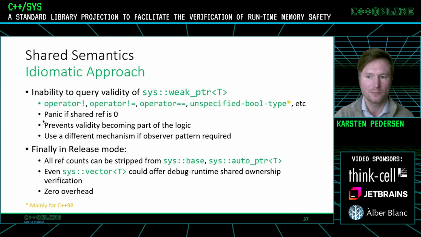That way it prevents the validity checks becoming part of the logic, and that means in debug mode you can ensure that you've used a different mechanism to check for validity. That may well be used in the standard weak pointer rather than the sys weak pointer, but it just means you can then strip out all of this upfront cost in release mode and still know that you've prevented dangling pointers.